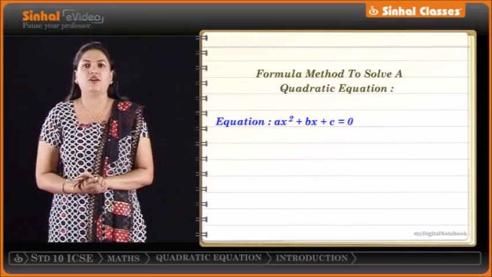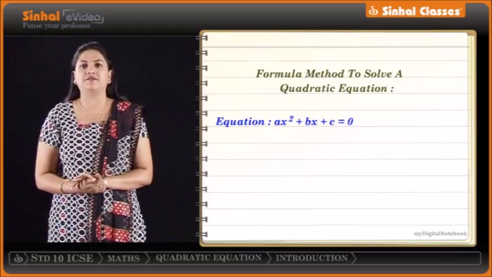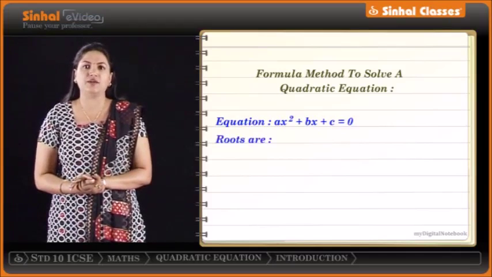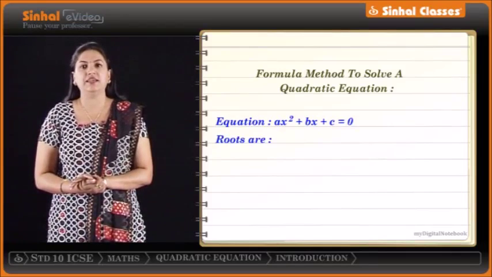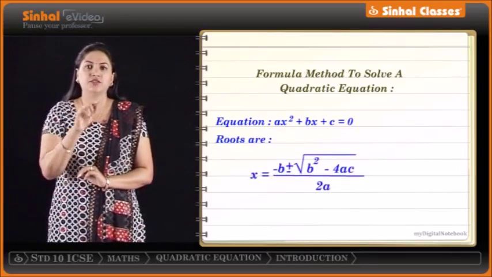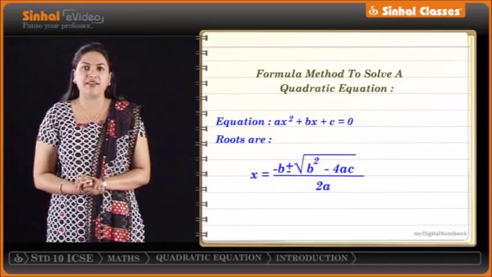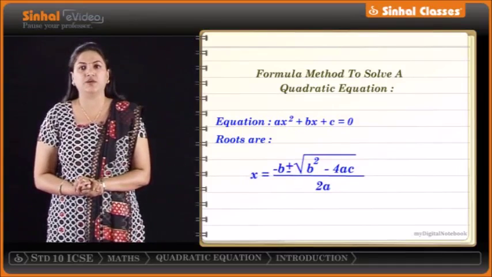These two values of x are given by the formula x = (-b ± √(b² - 4ac)) / 2a.